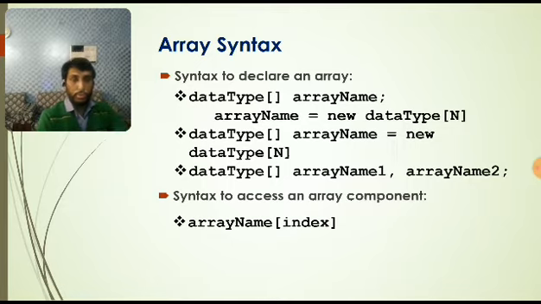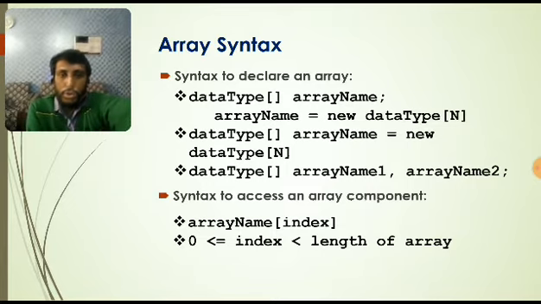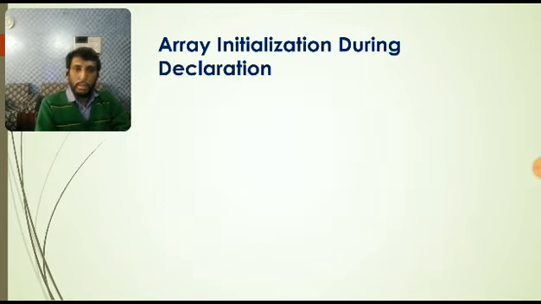Suppose it is at position number 3, then we should access index 3, and if it is at 4, then you should access index 4. This is what this syntax is showing. Okay, so now 0 less than or equal to index less than or equal to length of array. So this is the index, this is the syntax.